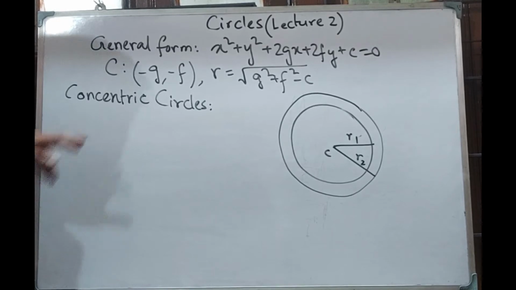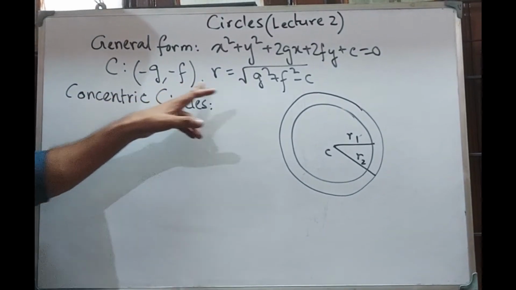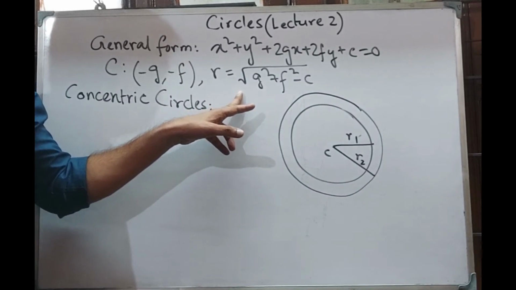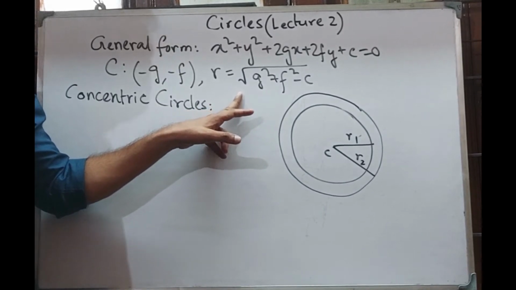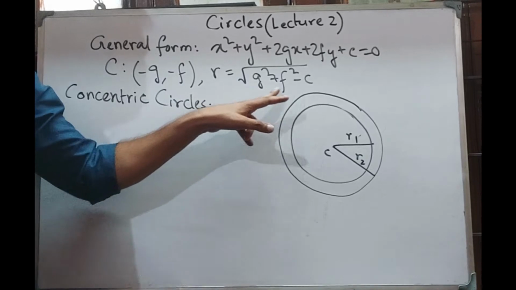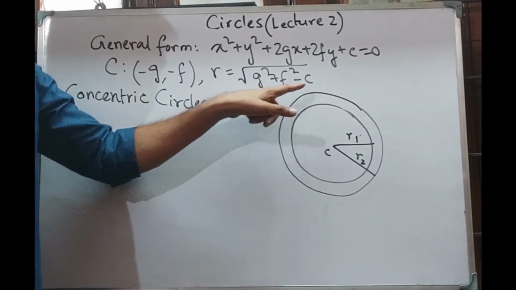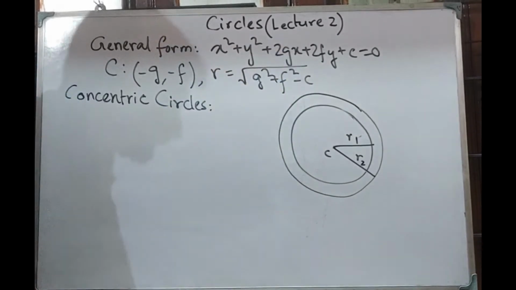So obviously if the center is the same, then it will vary with the radius, and as you can see in the radius it is g and f which is coming from the center. So obviously for concentric circles c will vary.